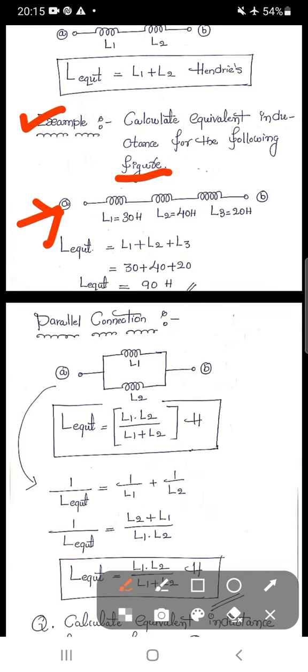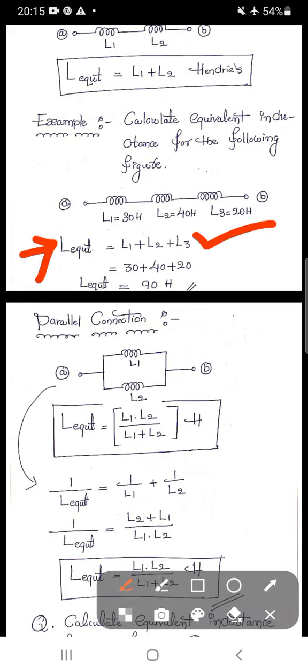We know that for the equivalent inductance of a series connection of inductors, we can directly add all the values. L equivalent is equal to L1 plus L2 plus L3.